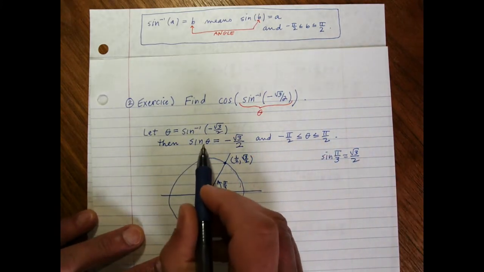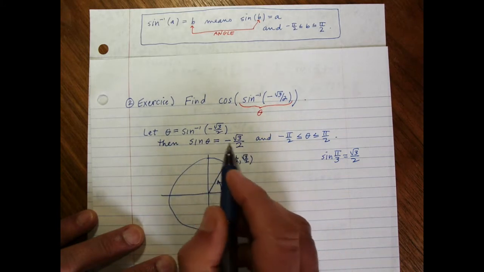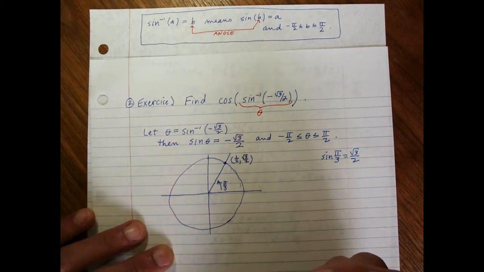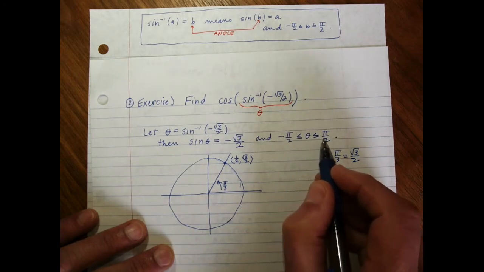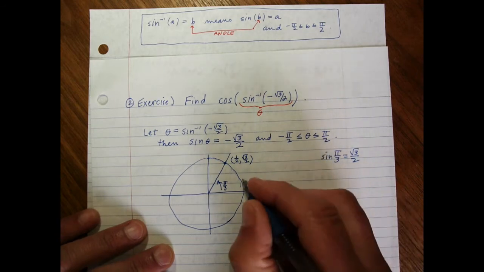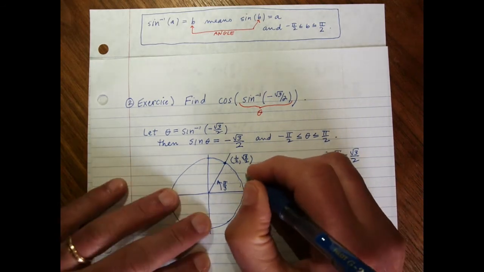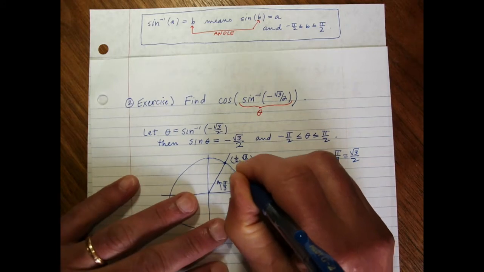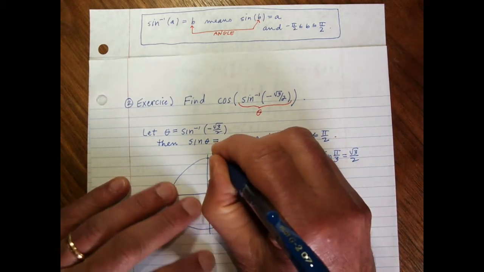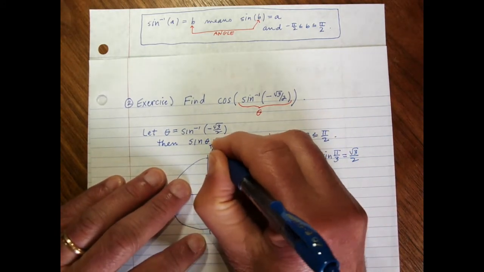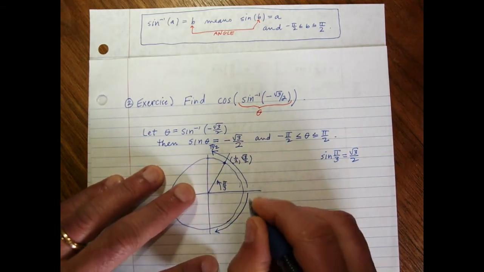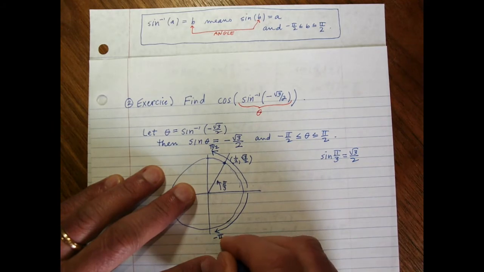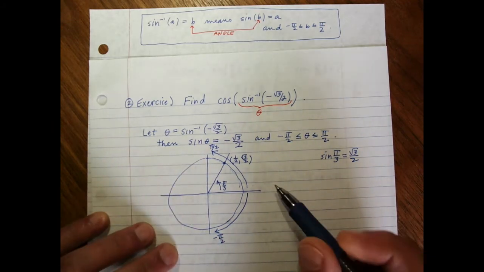Now we actually want the sine to be negative, and when we say theta has to be between negative pi over 2 and pi over 2 on the unit circle, that's kind of like saying 0 to pi over 2 is the first quadrant. In the negative direction, from 0 to negative pi over 2 is in quadrant 4.